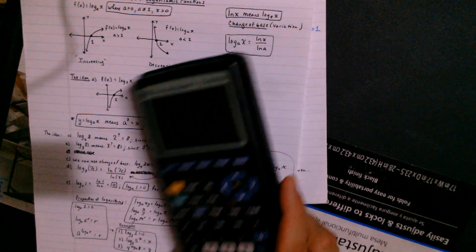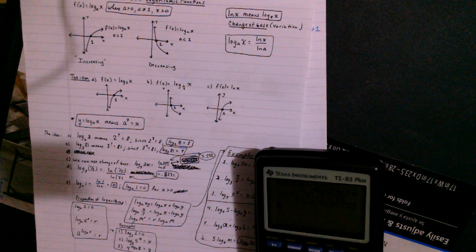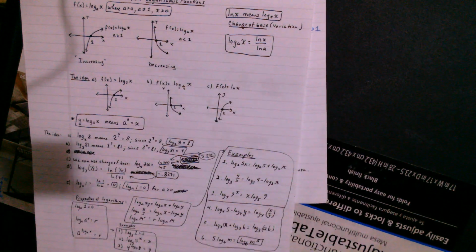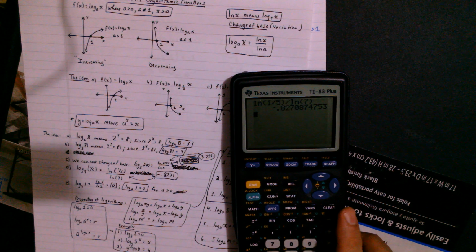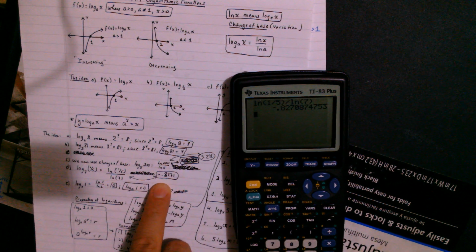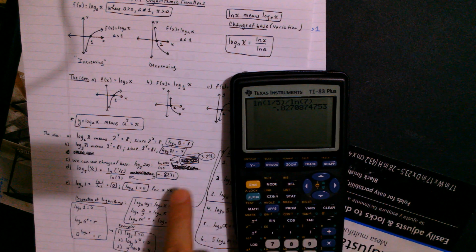Oh, sorry, I put 2 parentheses here. Give me a second. Natural log of 1 divided by 5 divided by natural log of 7. Sorry about that. I put the extra parentheses, kind of messed up the problem there. I was like, man, I messed up twice. I didn't want to do that, but yeah, there's your answer.